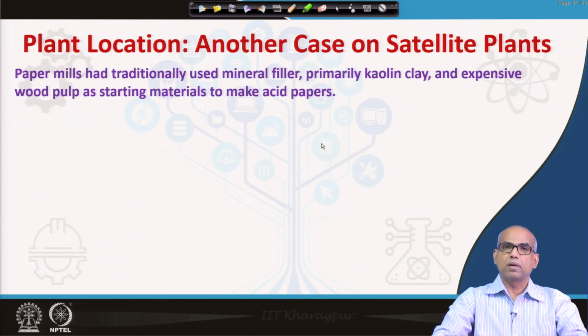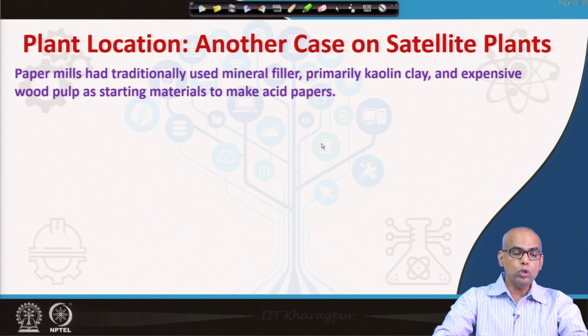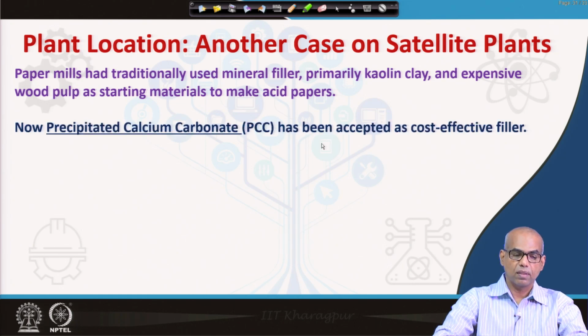Another case on satellite plants. Paper mills had traditionally used mineral fillers, primarily kaolin clay and expensive wood pulp as starting materials to make acid papers. Now, precipitated calcium carbonate, known as PCC, has been accepted by the paper mill companies as a cost effective filler.